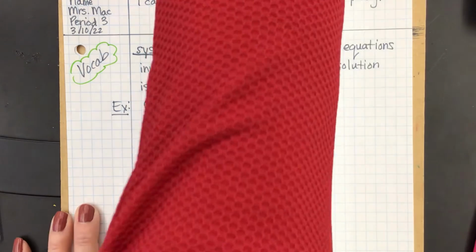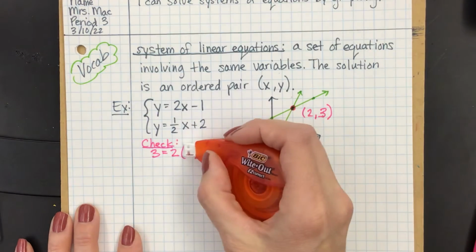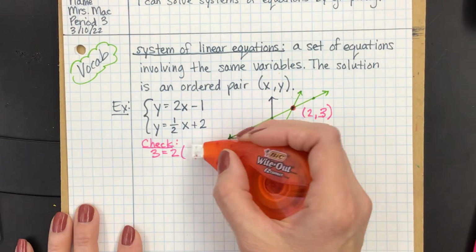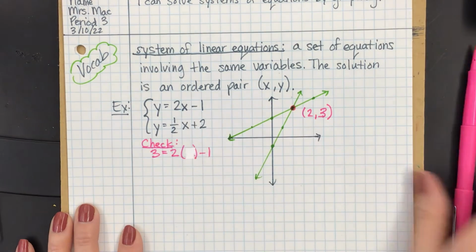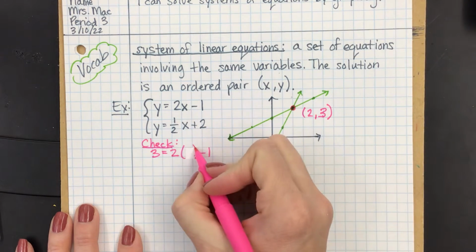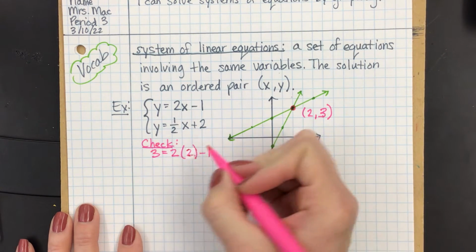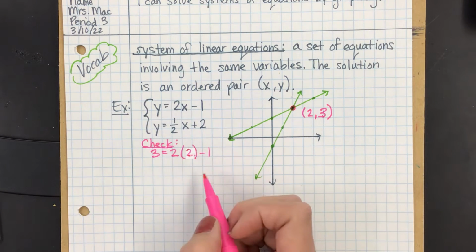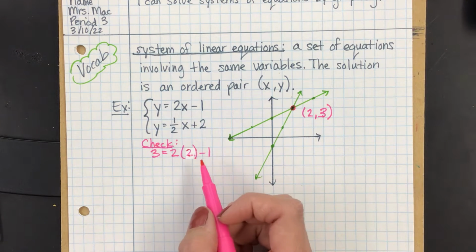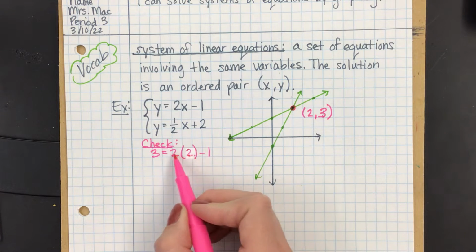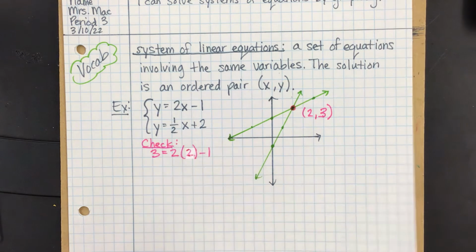Sorry, I was doing the math before writing it down, and it messed me up. Okay. We've been doing this long enough that I'm not going to show you every single step. So 2 times 2 is 4. 4 minus 1 is 3, so I know that this equation works.